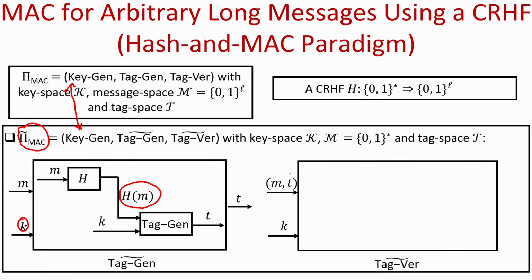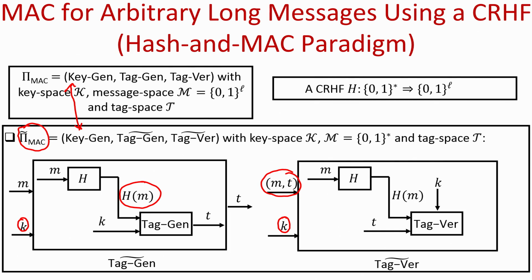The tag verification algorithm is done similarly. Imagine you are given an arbitrary length input m along with the corresponding tag and you want to verify it with respect to a key k. What we do is we recompute the tag on the message part of the input, by computing the hash of the message, and then once we have the hash of the message, we perform the tag verification with respect to the input H of m and the tag component of the input that we have received.